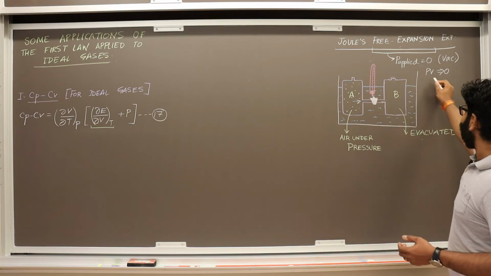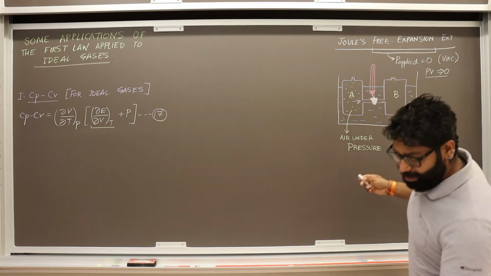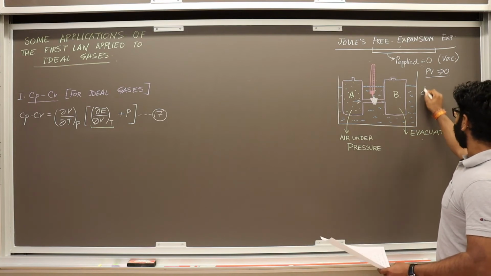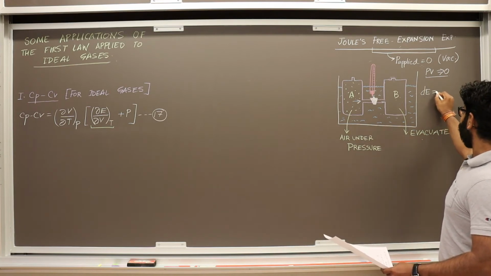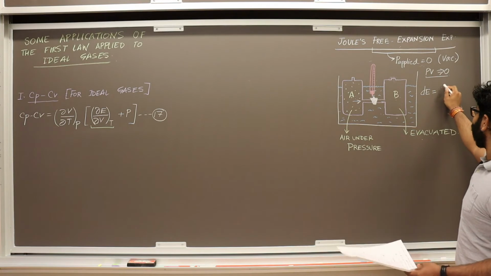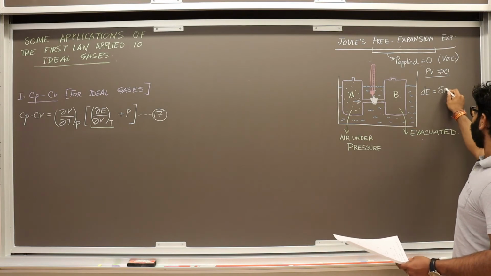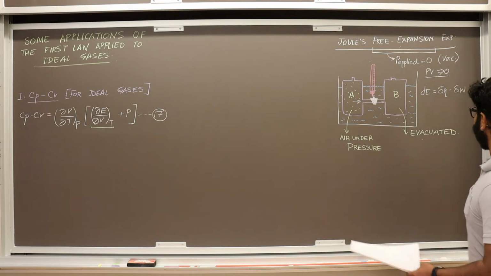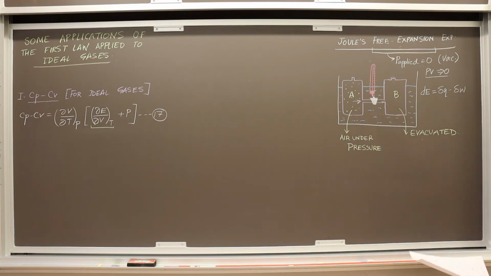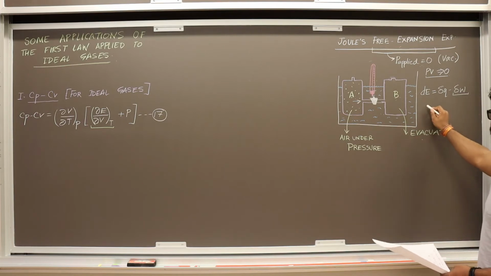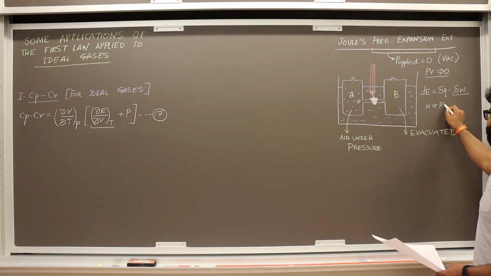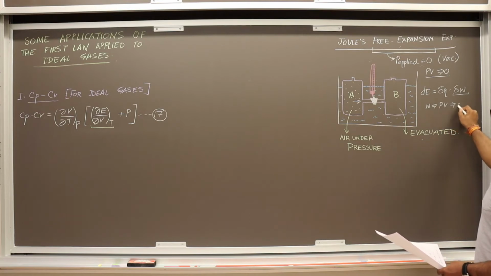Now, when I said that the PV was 0, let's write down the first law. dE is equal to, we know what that is, del Q minus del W. Now what we see is this is 0. Why? Work becomes 0 because the PV becomes 0.